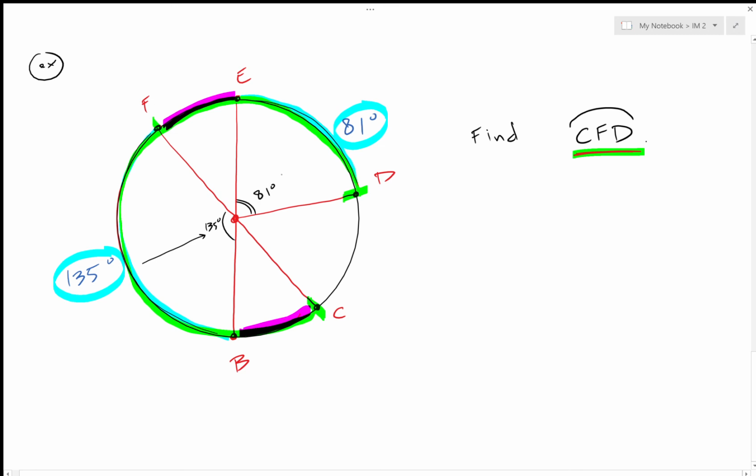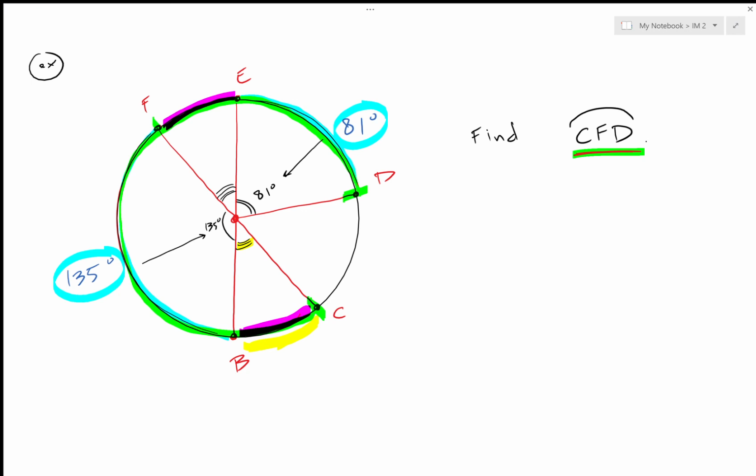Now it doesn't really help us on the outsides, but it helps us see a little bit more on the inside. What we need to find is how big this thing is and how big this thing is. Okay? So let's just go ahead and pick one. I'm going to say BC first. I want to find out what this is. All right, I want to find this.